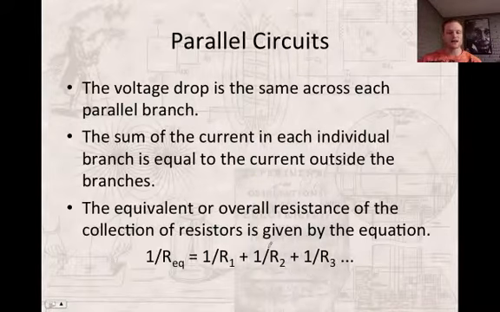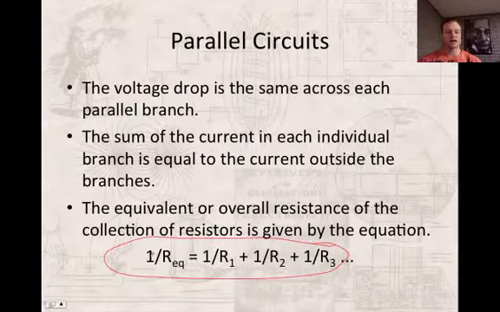And then we also discussed this formula for figuring out the total resistance, where 1 over the equivalent resistance is equal to 1 over resistor 1 plus 1 over resistor 2 plus 1 over resistor 3. I'm just flying through this real quickly, just to refresh your memories on what a series and parallel circuit has.